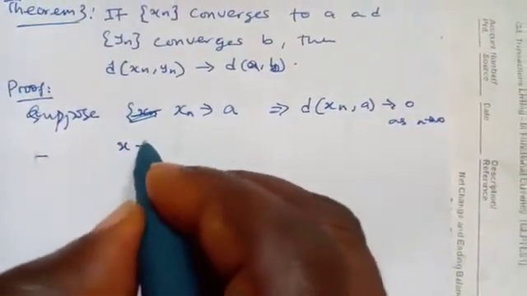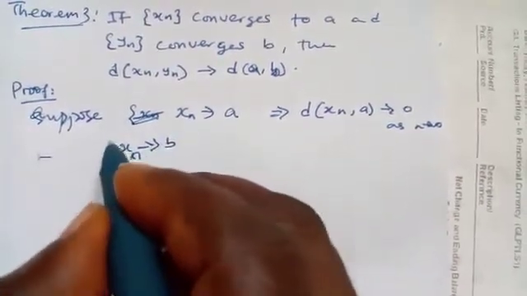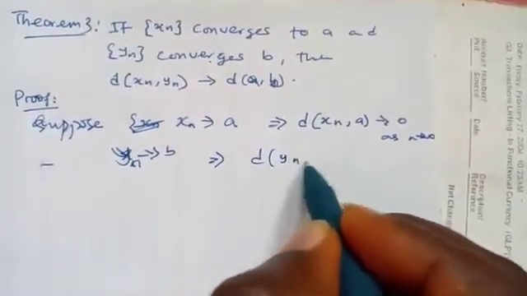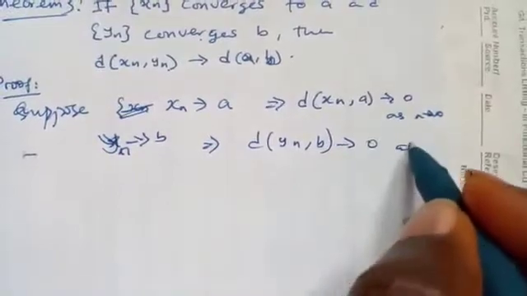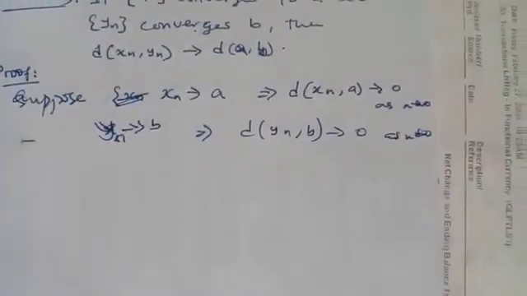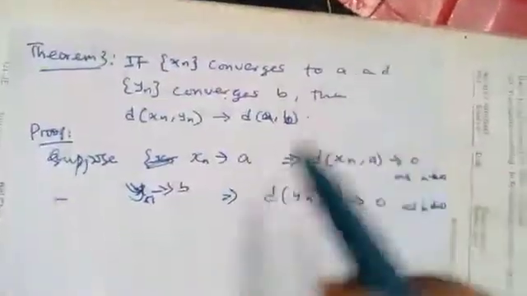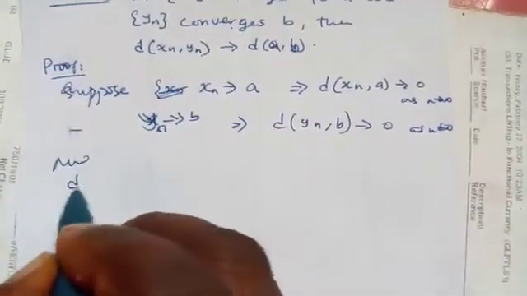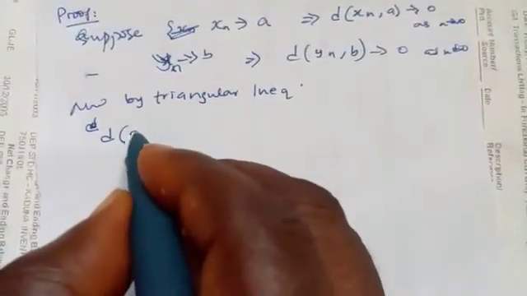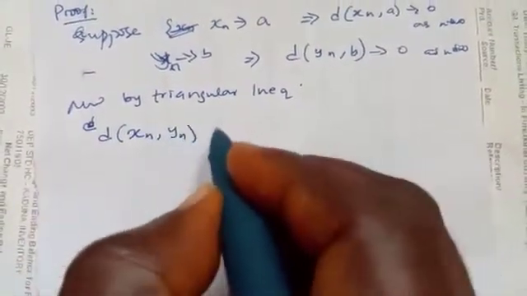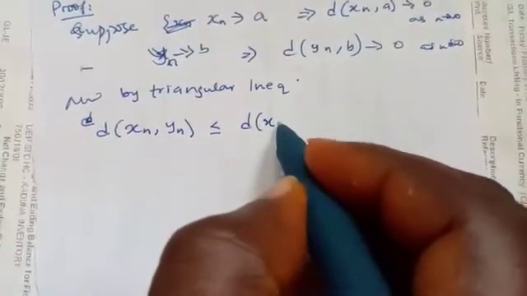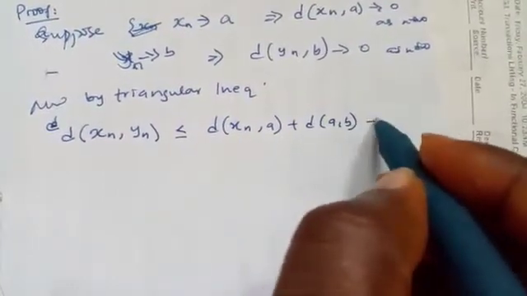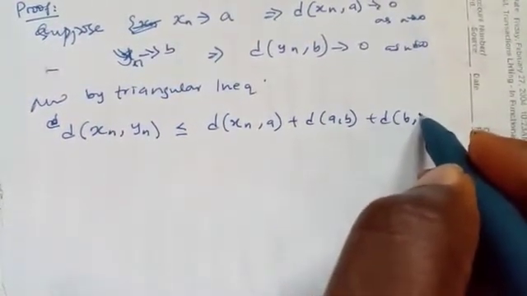Also, if Yn tends to B, this will be d(Yn, B) tends to 0 as n tends to infinity. This is what we write. Now, by the triangular inequality, d(Sn, Yn) can be bounded by d(Sn, A) plus d(A, B) plus d(B, Yn).